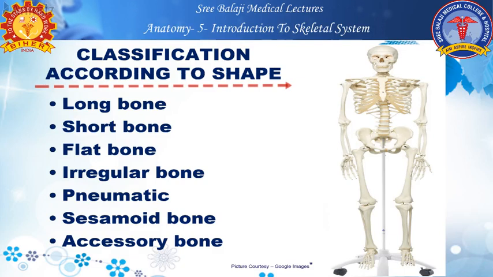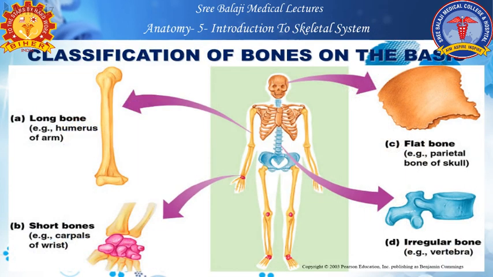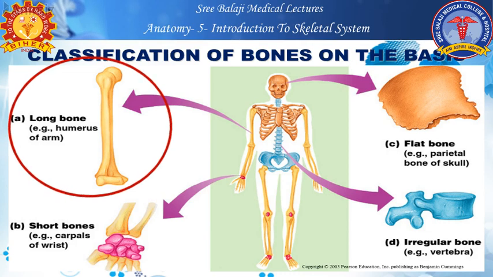Classification based on the shape of the bones. Based on shape, bones can be classified as long bones, short bones, flat bones, irregular bones, pneumatic bones, sesamoid bones, and accessory bones. Long bones are the ones where the length is much higher than the width.